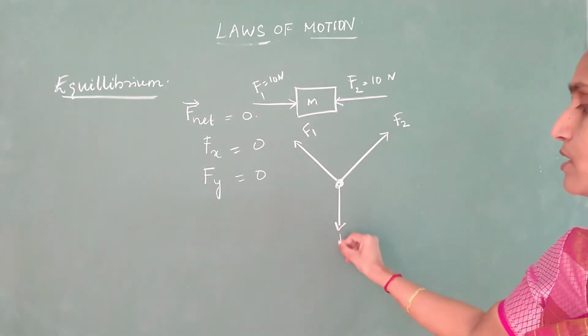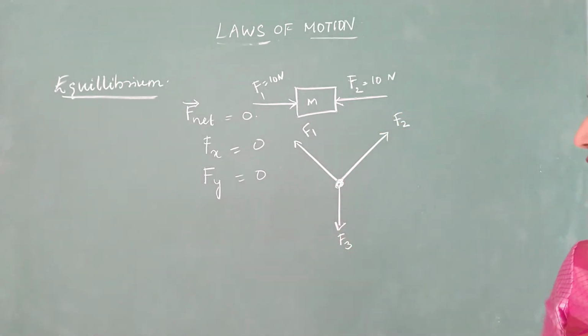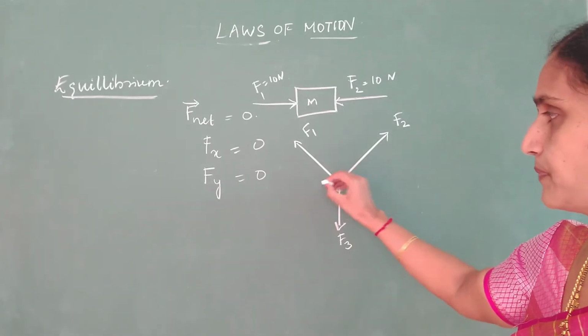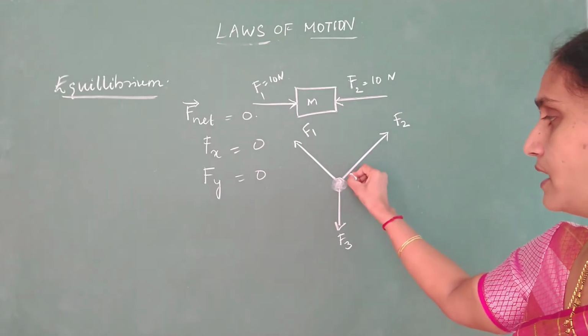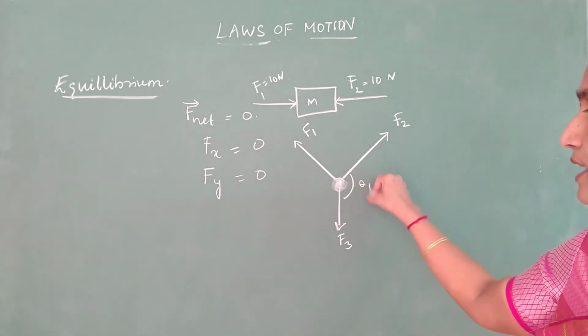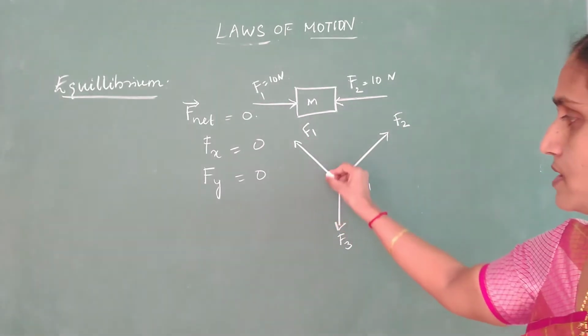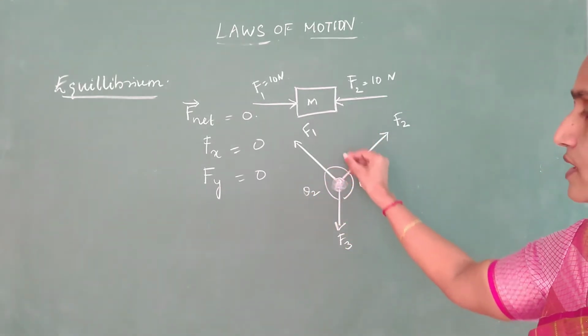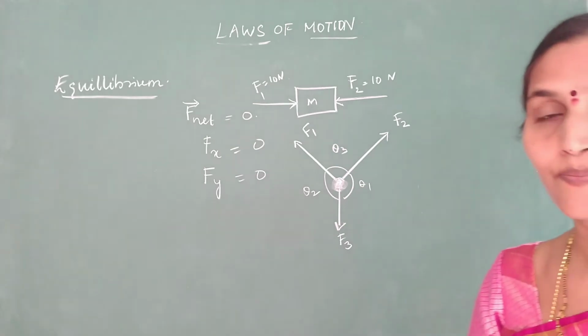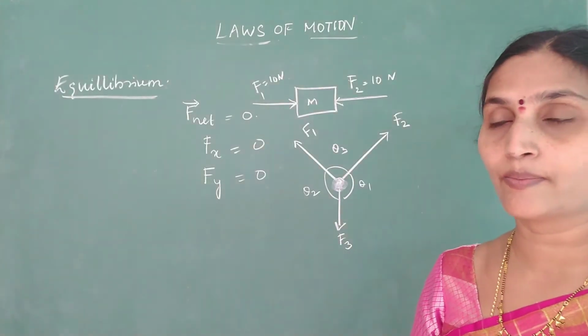What is the statement, or how do you apply Lami's theorem? If this body is at rest under the action of three forces, the angle opposite to F1 I'll call theta 1, opposite to F2 theta 2, and opposite to F3 theta 3. So when do you say this particle is in equilibrium?